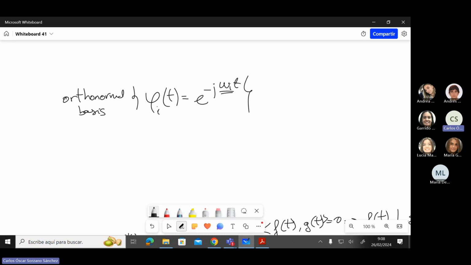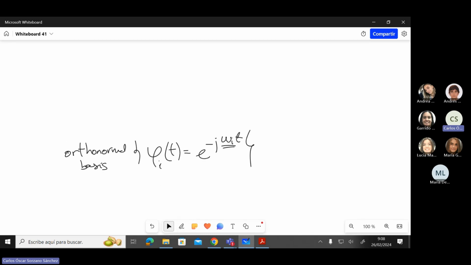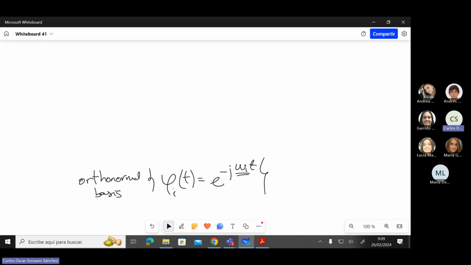So let's say that I have a signal x of t. I can compute the inner product between each one of these phi's and my signal. So this length that we have discussed just now.